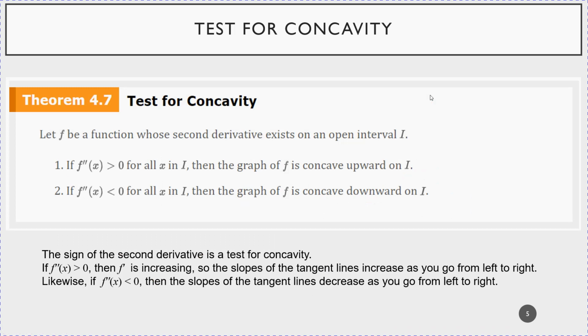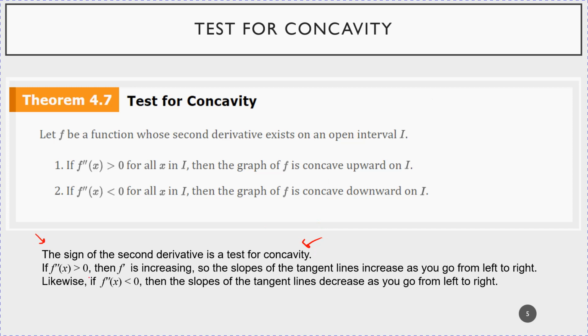Let f be a function whose second derivative exists on an open interval I. If f double prime of x is greater than 0 for all x in I, then the graph of f is concave upward on that interval. If f double prime of x is less than 0 for all x in I, then the graph of f is concave downward on I. The key point is that the sign of the second derivative is a test for concavity.